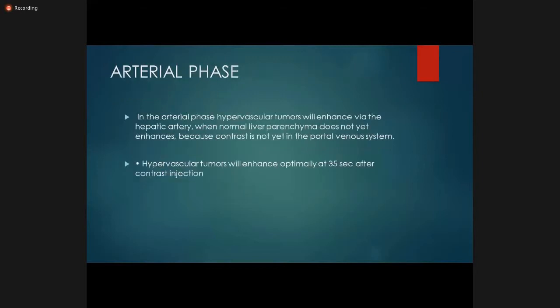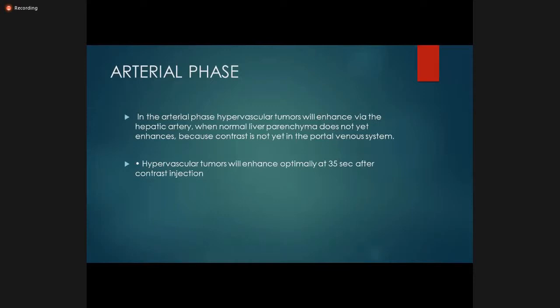So initially, once the contrast is injected, the initial part is the arterial phase. In the arterial phase, the hypervascular tumors will enhance via the hepatic artery when the normal parenchyma does not yet enhance. And the reason is again because the contrast is not yet in the portal venous system.